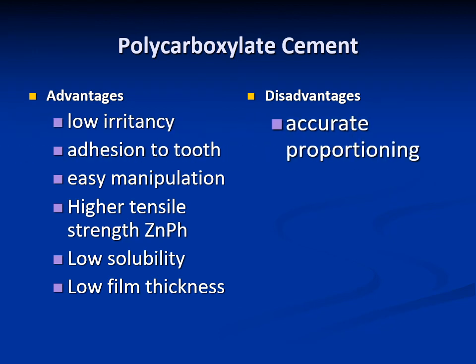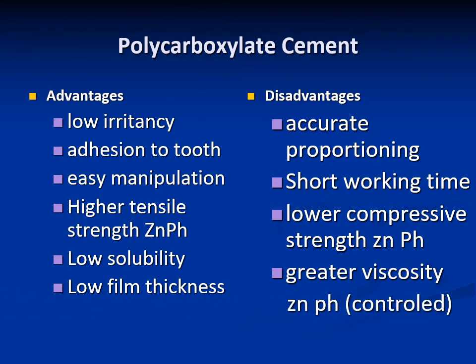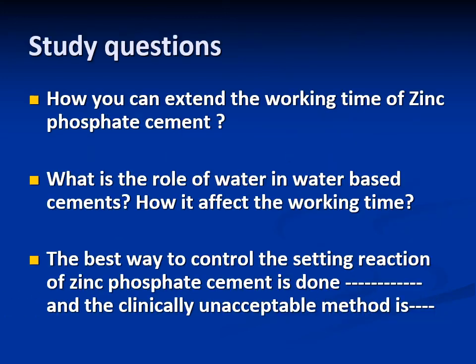But the disadvantages are that we have to accurately proportion this type of cement, because any change in powder liquid ratio will change the properties. A short working time, which is a great disadvantage, lower compressive strength compared to the zinc phosphate cement, and it has greater viscosity compared to the zinc phosphate cement, but this can be controlled during mixing and during insertion of the restoration. Thank you.